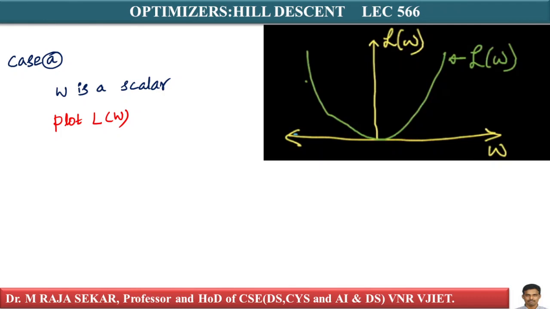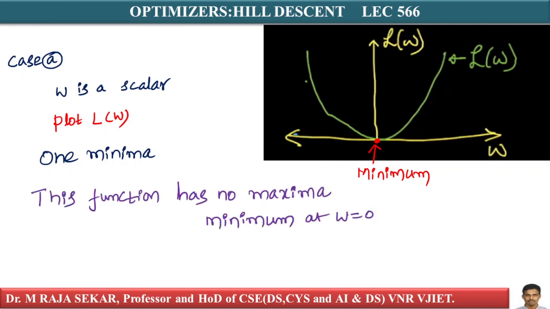This is my L of W. Here you have one minima, a minimum value, which occurs at the origin, at 0. This function has no maxima.